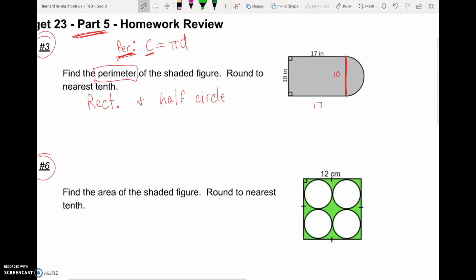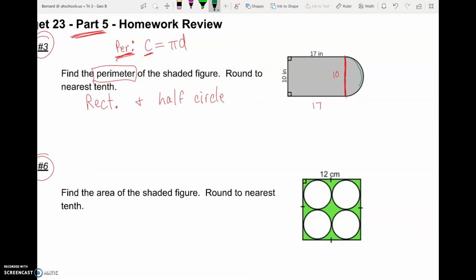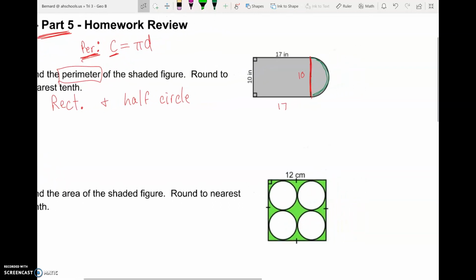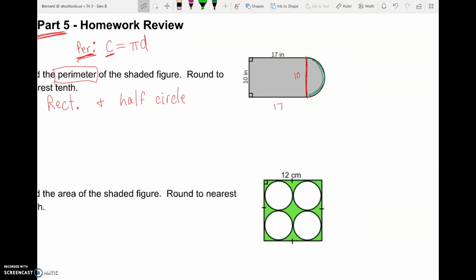So let's take some time to figure out what's the distance around this half circle. So the distance around a full circle is pi times diameter. So the full circumference is going to equal pi times 10 because our diameter is 10.